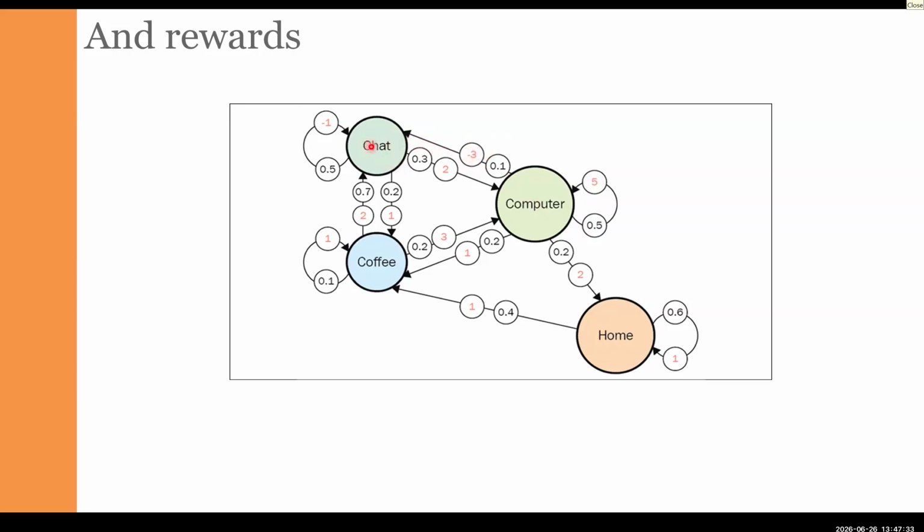If you are chatting with someone and keep doing it, the reward will be -1 per each 10 minutes. If you're drinking coffee and keep drinking it, the reward is positive, but nonetheless it's a good idea to move from coffee to working on the computer. The reward is 3. So once you have this, this is the full setting of the Markov decision process with rewards.